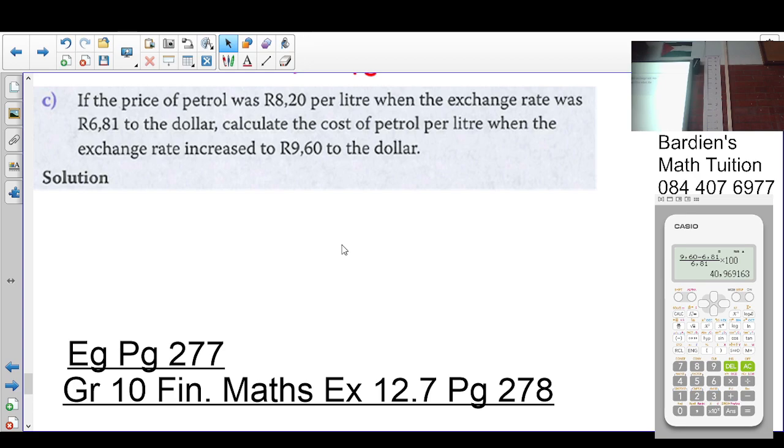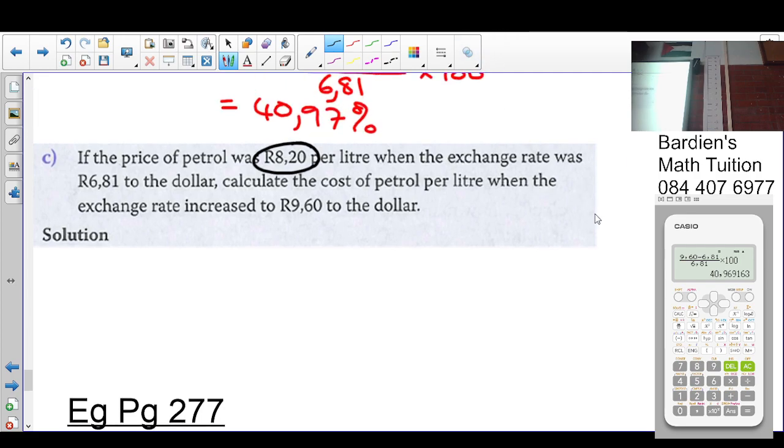That means I must increase the petrol price by the increase in the Brent crude oil. So the increased value is 8 rand 20 multiplied by 40.97%.